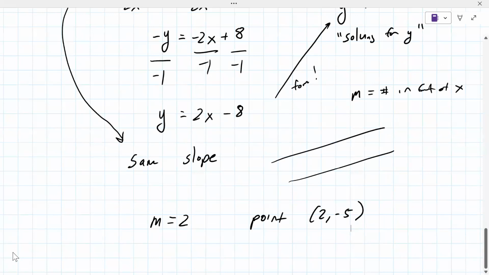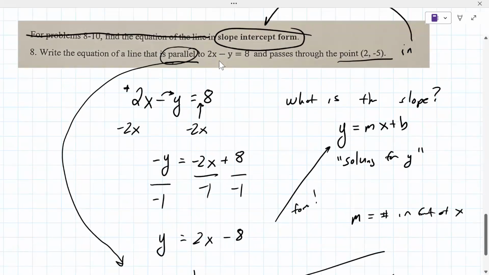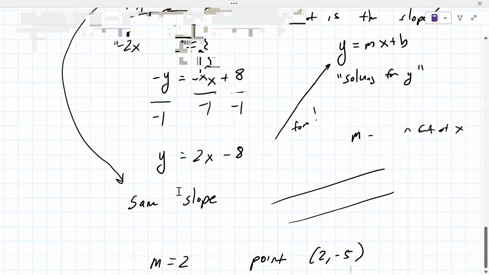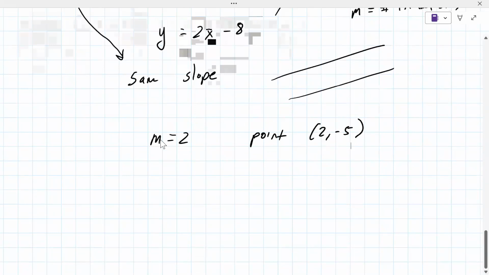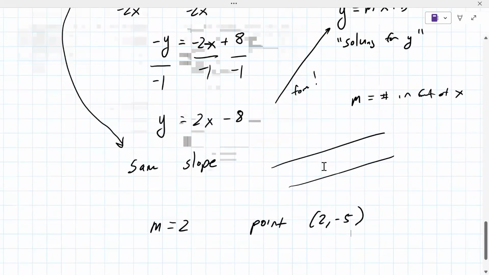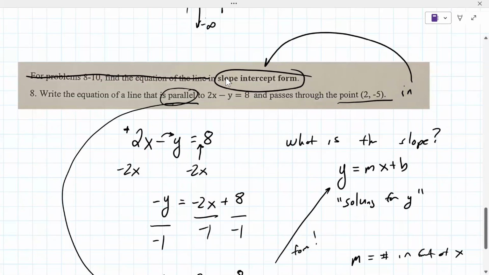All right. So you are completely done with that old equation. You want nothing to do with it. You've broken up with it. It's over. And now you're looking at slope and a point, but it has to be in slope intercept form.